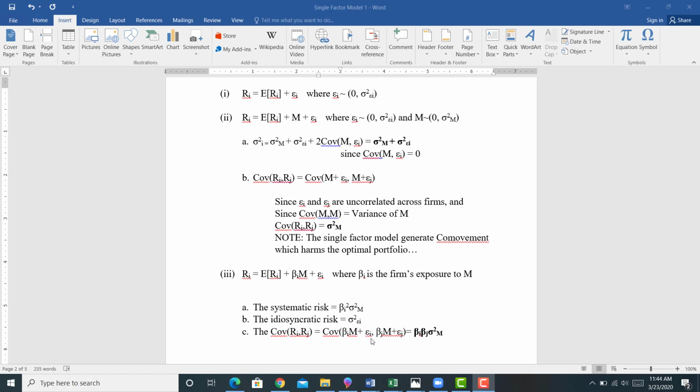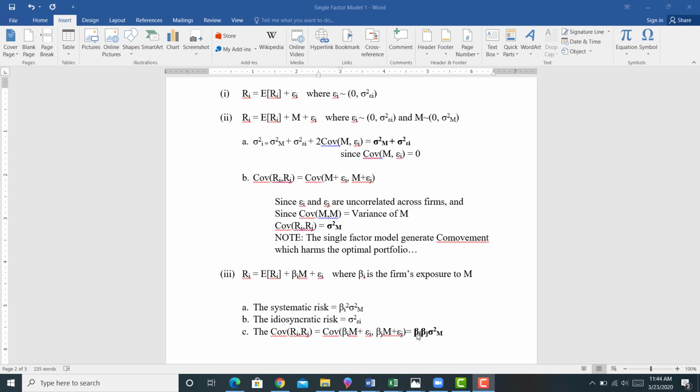again, because these error terms are uncorrelated with the risk event and the error terms are uncorrelated with each other, the covariance is equal to beta I, the exposure of asset I to the systematic risk event, times beta J, the exposure of asset J to that systematic risk event, times the variance of that risk event.